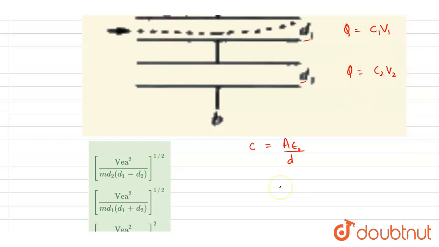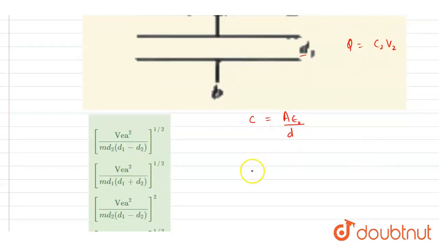The capacitance is inversely related to the distance between the plates, so we can write A epsilon naught by D1 into V1 is equal to A epsilon naught by D2 into V2. So it is C1 V1 equals C2 V2, since the charge will be the same.